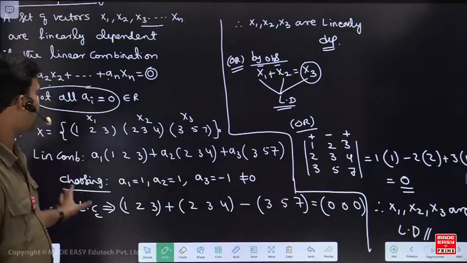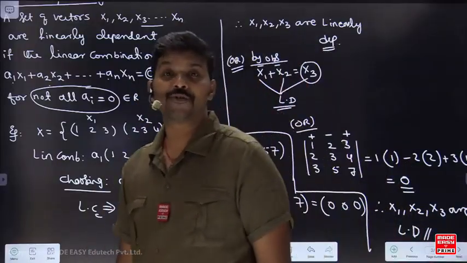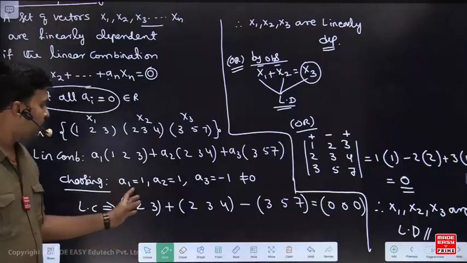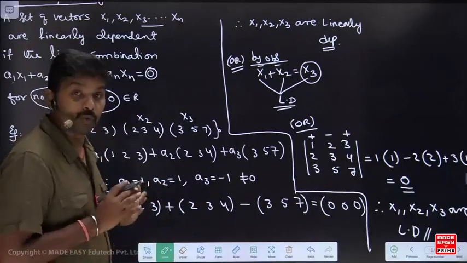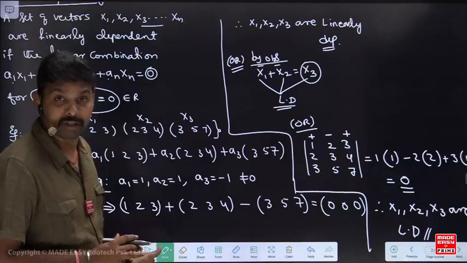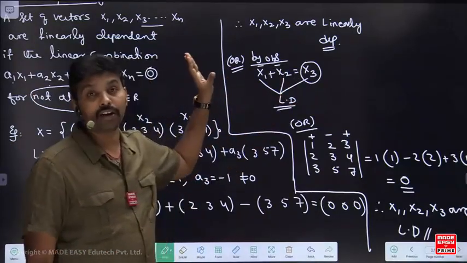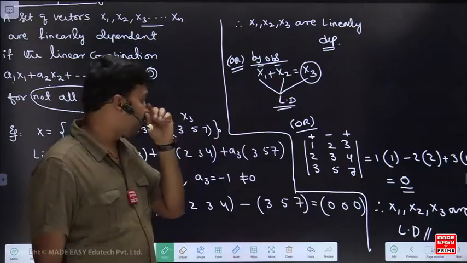So this many ways you can show the linear dependency between a set of vectors. One is choosing a1, a2, a3 so that you get the linear combination as 0. Second is by observation, if you can write one vector as a linear combination of the other vectors.